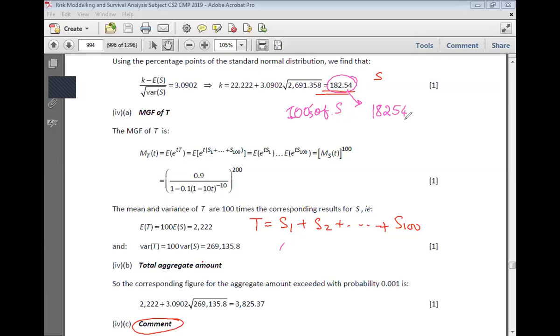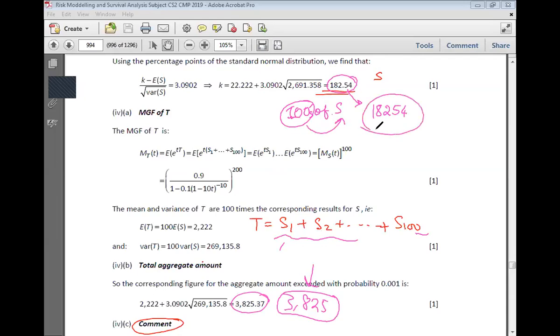And here it is 3825. So you know that you have invested in 100 different portfolios, which is why you get a variance that is way smaller than if you invest all of your 100 rupees within one portfolio. Then your variance would be something like 18,254. So that is what they are trying to say.